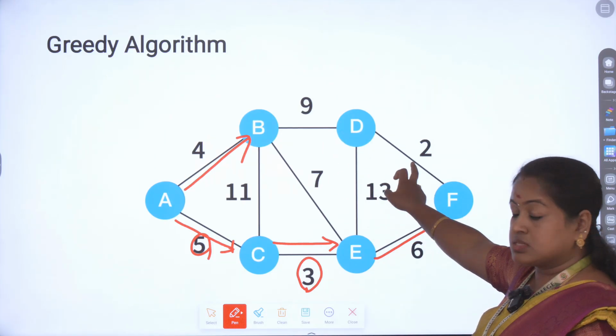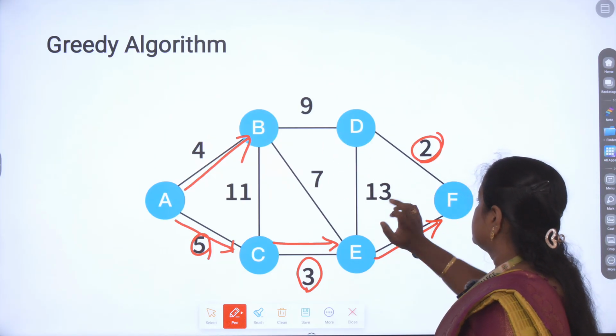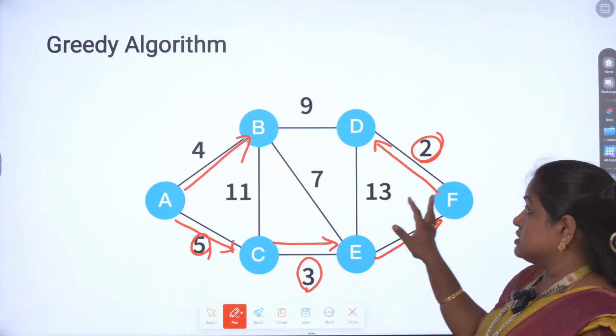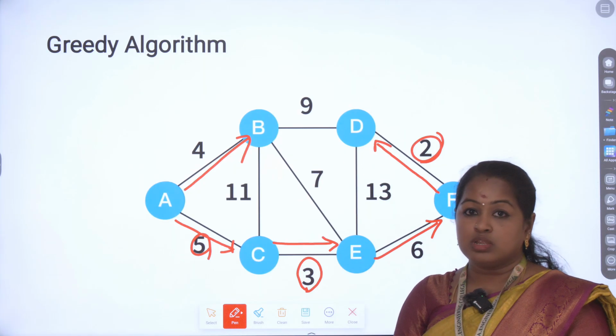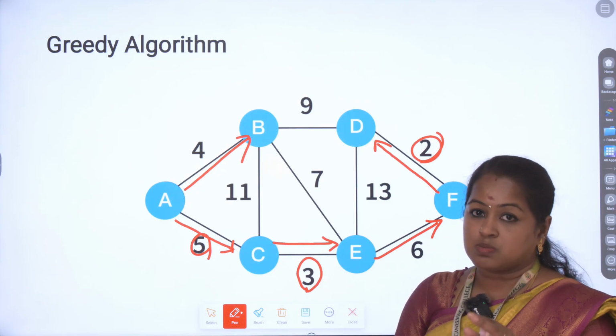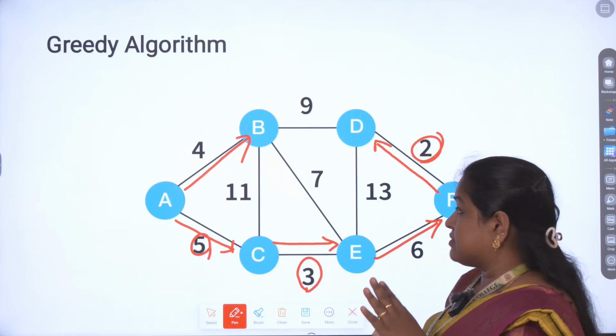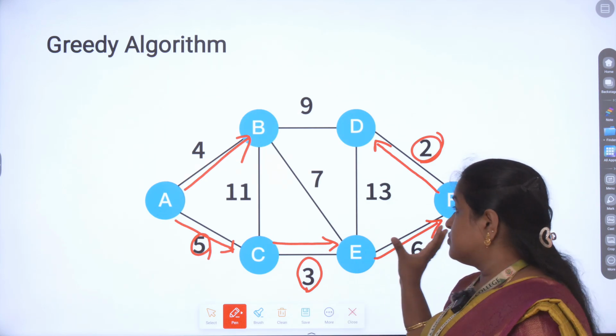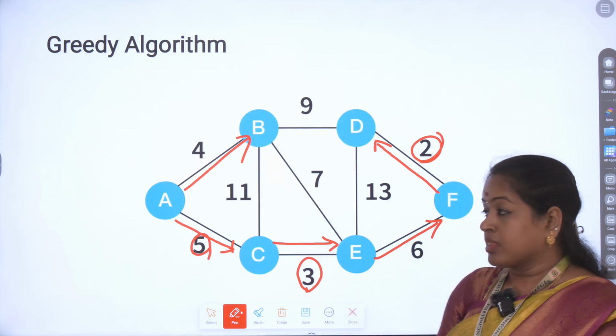So the minimum cost is 2, and from F to D we are going to travel. So this is the greedy algorithm. You select the least cost path and you have to visit all the nodes so that none of the nodes are left over.